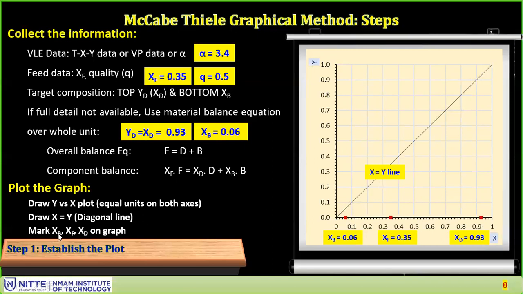Then mark the points, which are the three concentrations XB, XF and XD, on the x versus y line. Here I have taken XD because in the tower it is flowing down as a liquid.